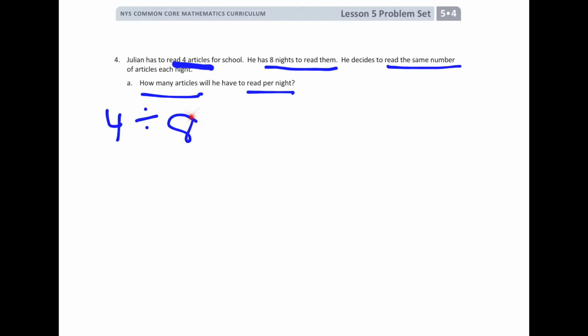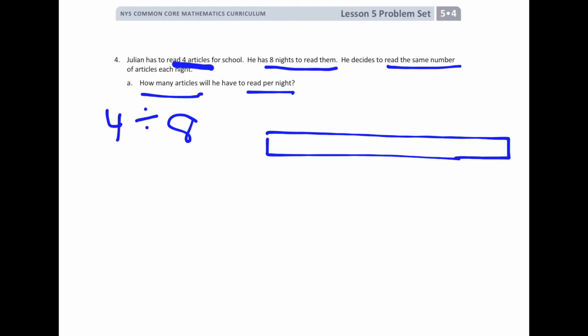Now remember, the second number tells us how many units, how many parts, how many boxes we're going to make. So how many units are we going to make? We're going to make 8. And if I split it up into 4s, then I split it up again, and I make 8.